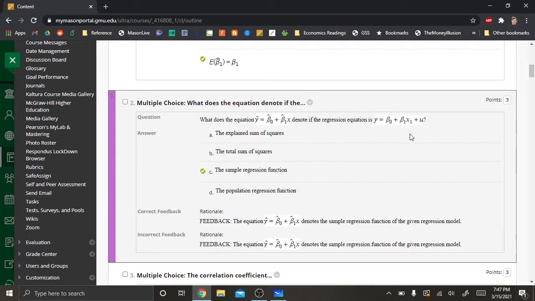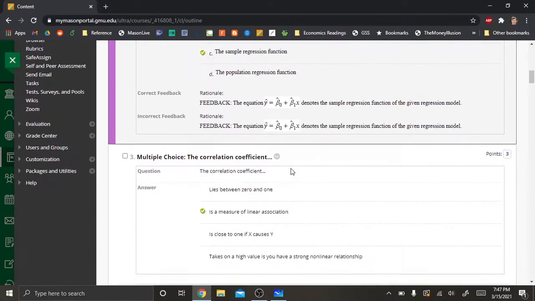So when you actually run a regression in Stata and get that number for the coefficient in the output, that's beta 1 hat. It's our estimate. Beta 1 is the actual relationship between x and y that we're trying to estimate. So it's the sample regression function.